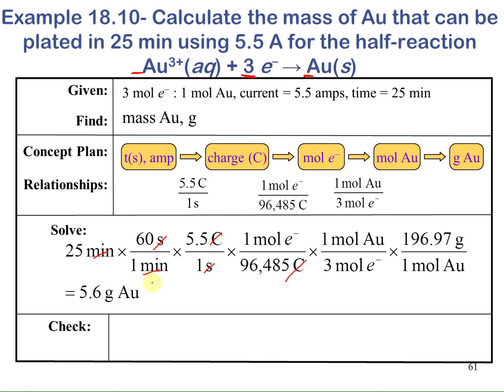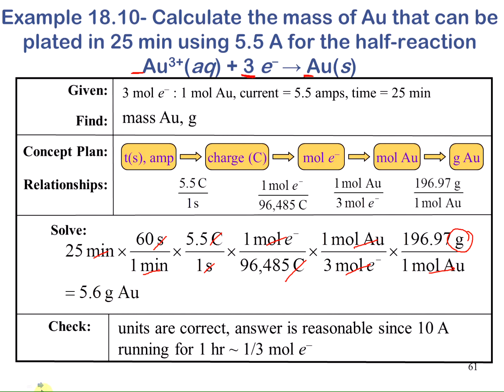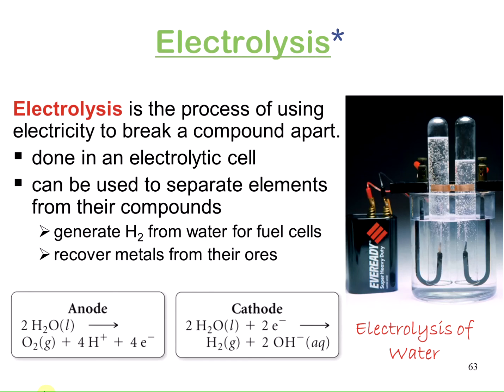When I multiply that out, I cancel out my moles of electrons and my moles of gold. That gives me my mass of gold. So after 25 minutes using a current of 5.5 amps, for this reaction, we will plate 5.6 grams of gold onto the surface. So let's look at electrolysis.